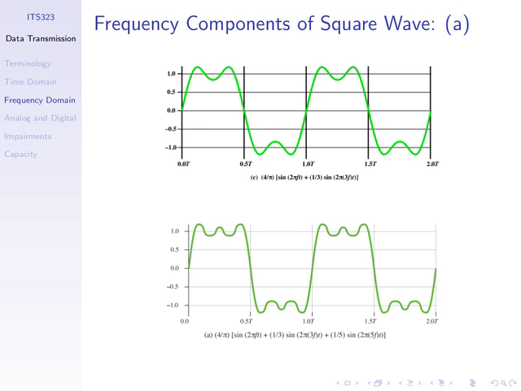It's just that in this plot we use the variable f instead of the value 100. You can see the equation, sine 2 pi ft plus 1/3 sine 2 pi 3ft. Same pattern as we had here, sine 2 pi 100t plus 1/3 sine 2 pi 3 times 100t. This is just generalized. This is the signal in the time domain.